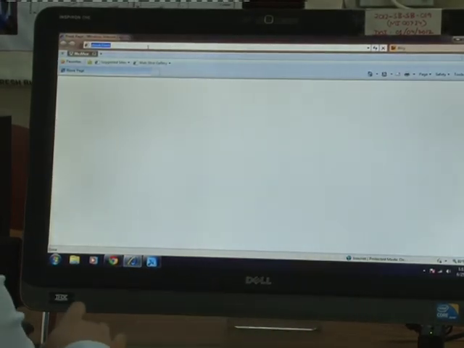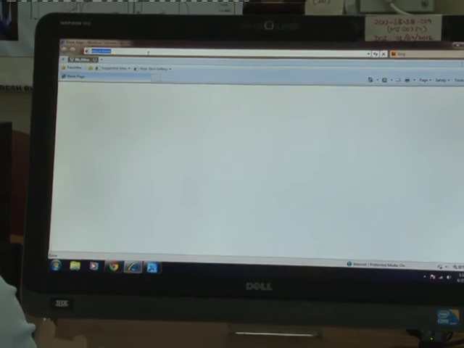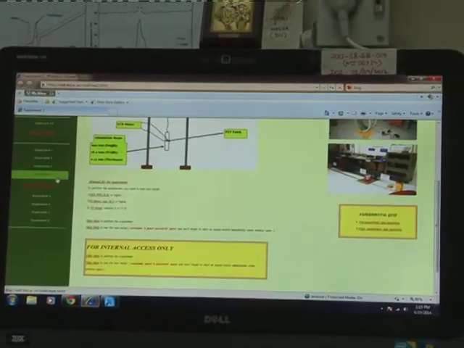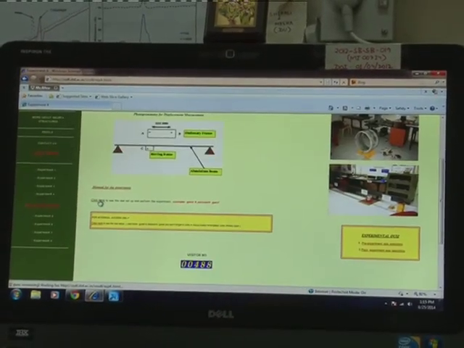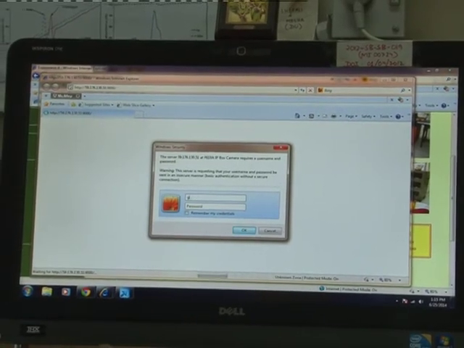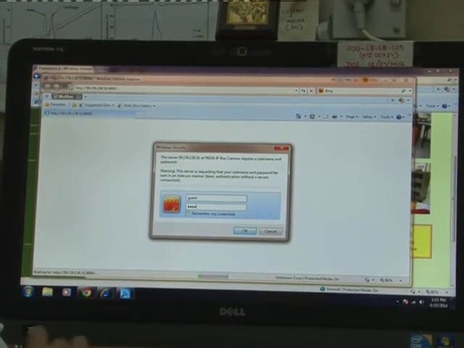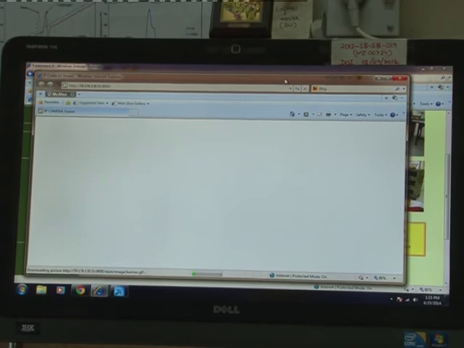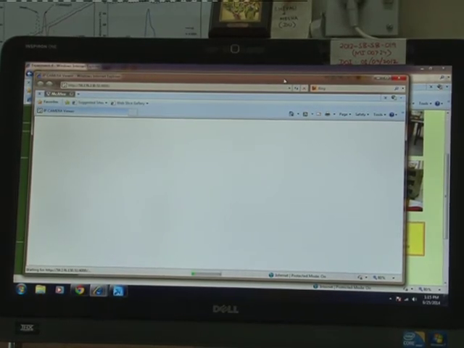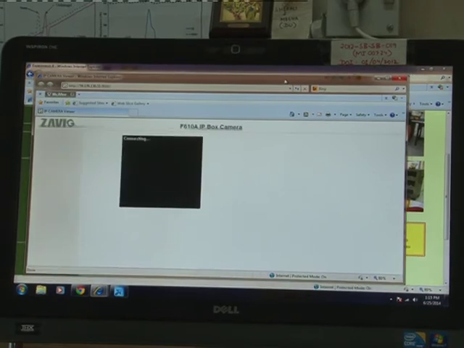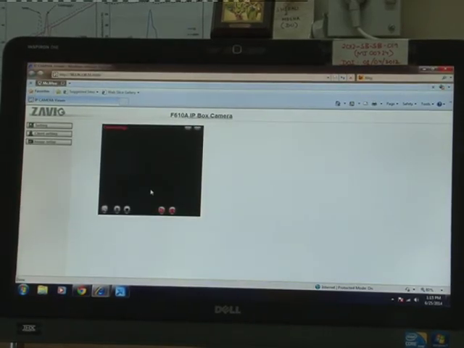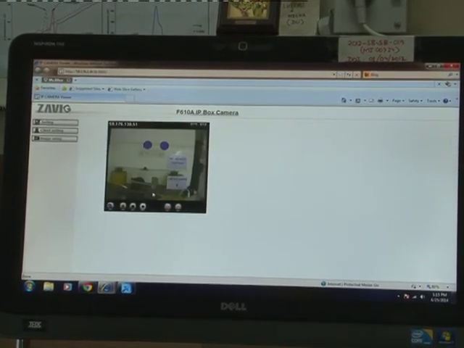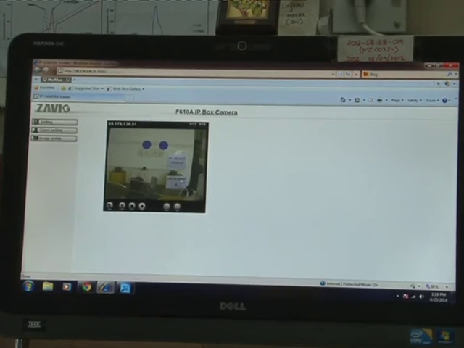I will open the setup camera in Explorer, experiment 4, give the username as guest, password as guest. Now, this is the setup for experiment 4.